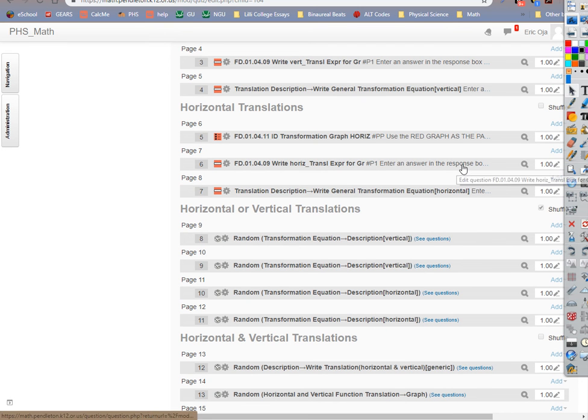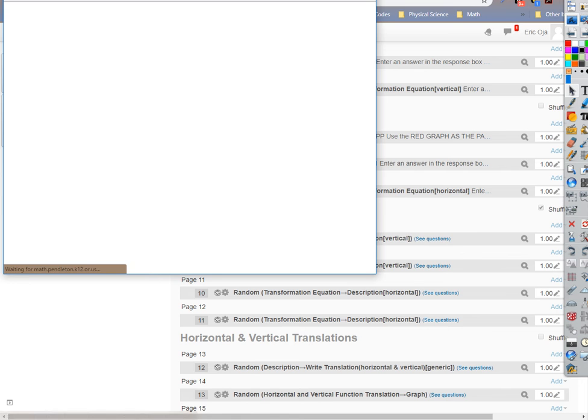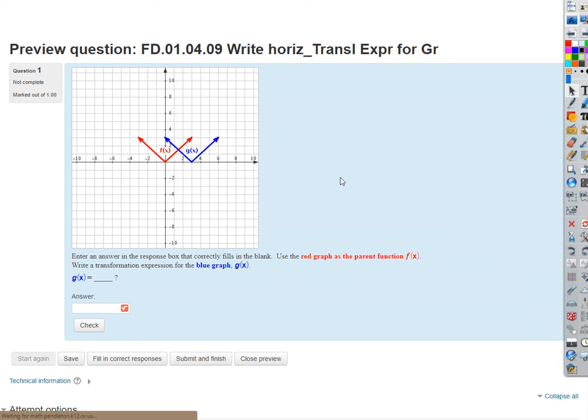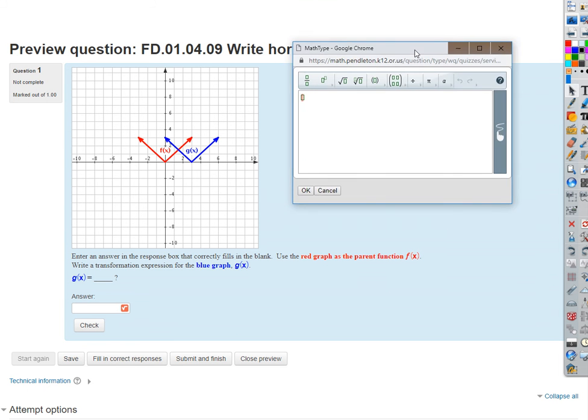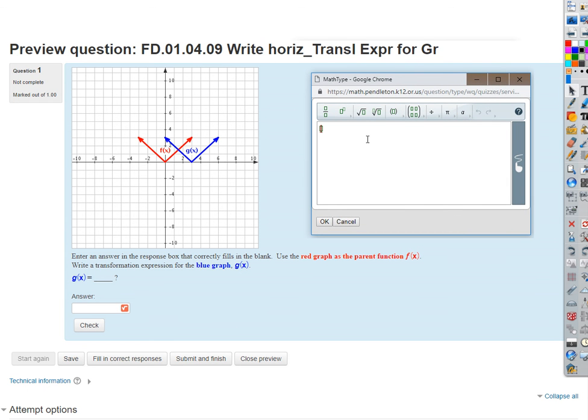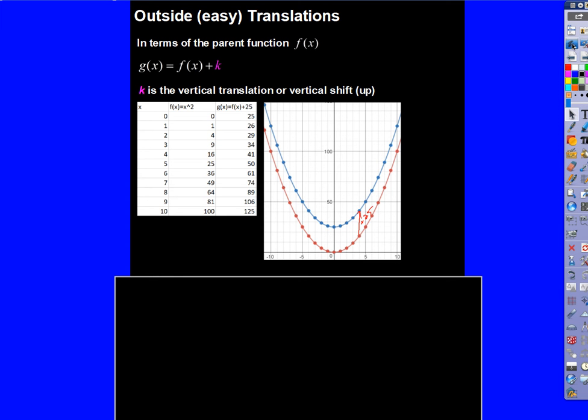So what about something like that? What did I do there? You subtracted from the x. So what's the value of h here? 3. But remember, I'm starting with the template.